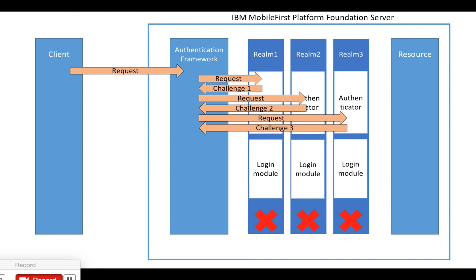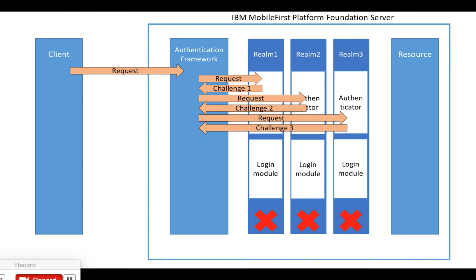For example, if one of your realms uses form-based authentication, it means the HTML of the login form is supposed to be returned to the client, which means it cannot be concatenated with a JSON challenge. But in today's blog, I'm focusing on the Worklight authentication protocol, which means everything is based on JSON.